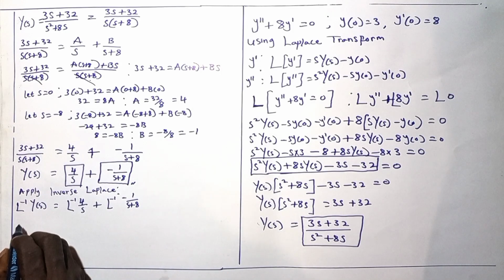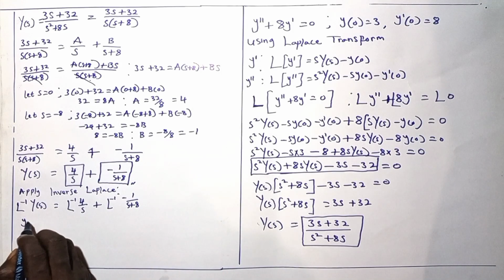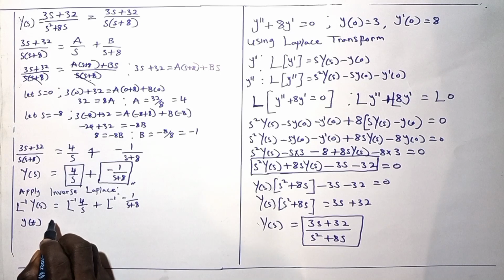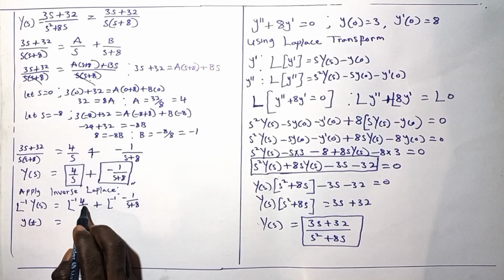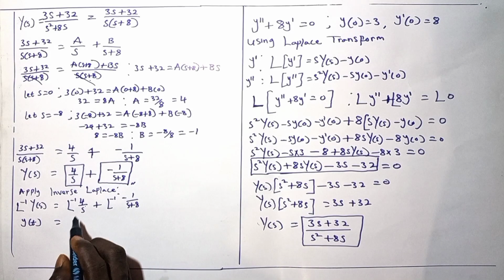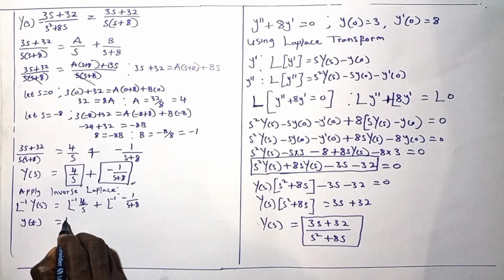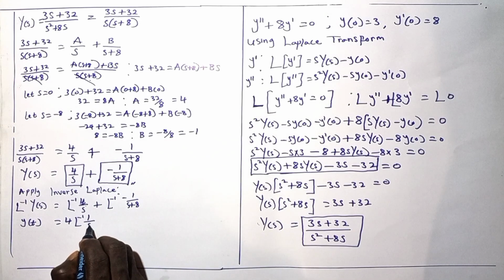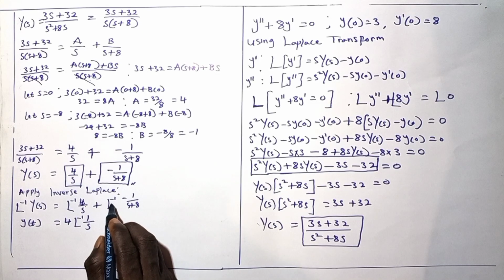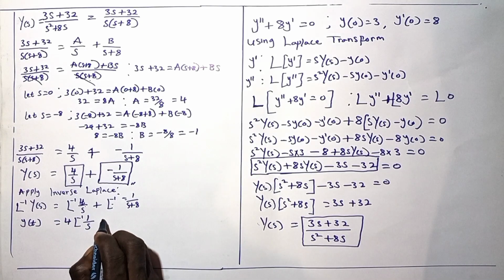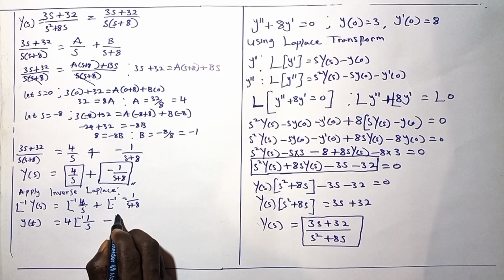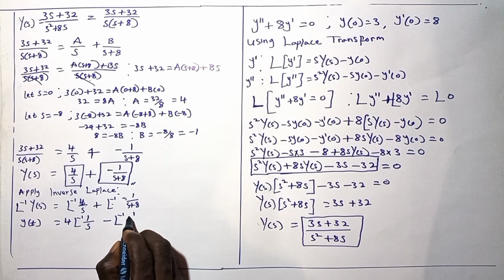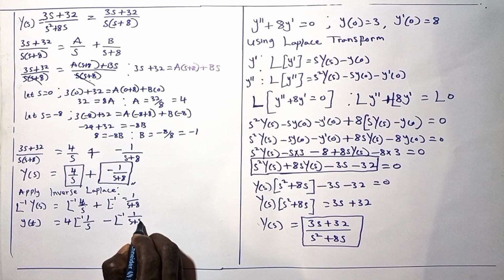So this will give us y of t, then inverse Laplace of 4 over s. Don't forget, this 4 is a constant. We can bring it outside. Take the inverse Laplace of 1 over s. Then as well, we can bring the minus outside, so this becomes inverse Laplace of 1 over s plus 8.